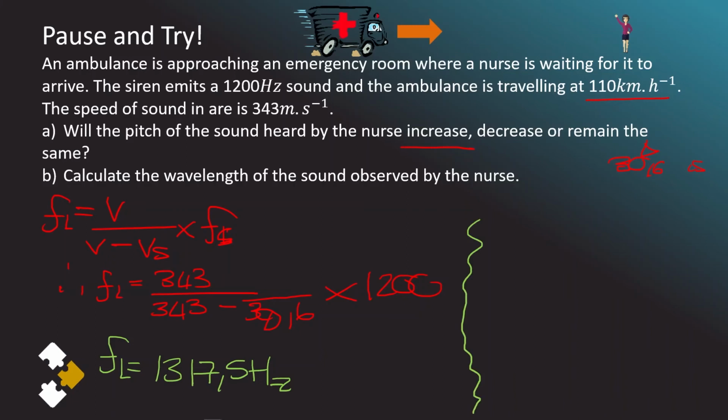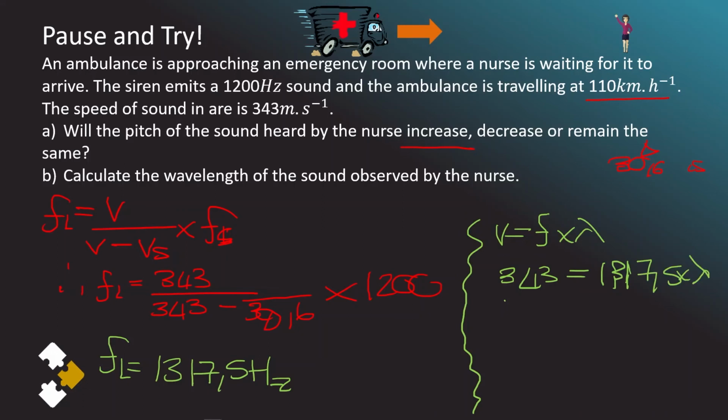And as we know from earlier, the speed of the sound in air is equal to the frequency of the sound multiplied by the wavelength of that sound. And as we got the information that the speed of the sound is 343 meters per second, that is going to be equal to the frequency 1317,5 multiplied by the wavelength, which we are looking for.